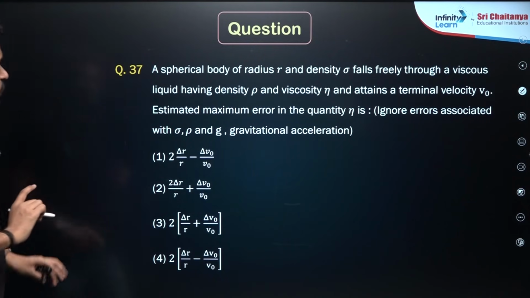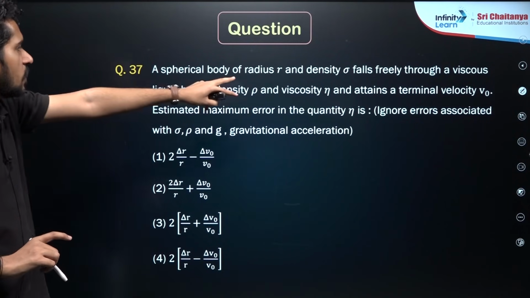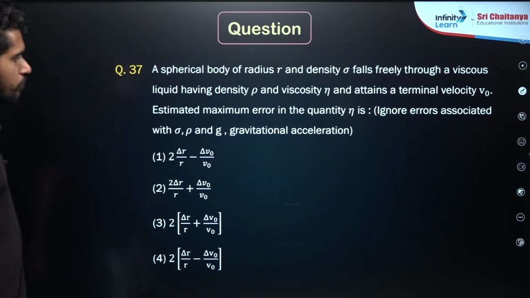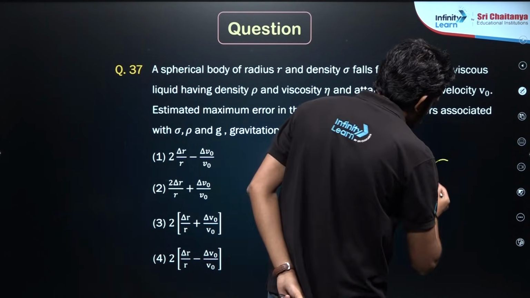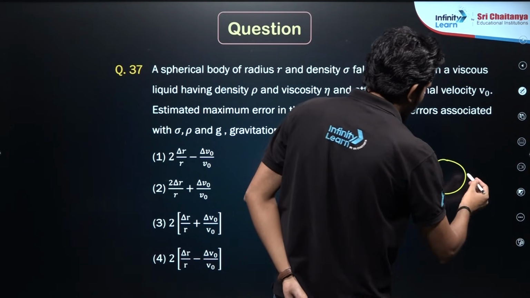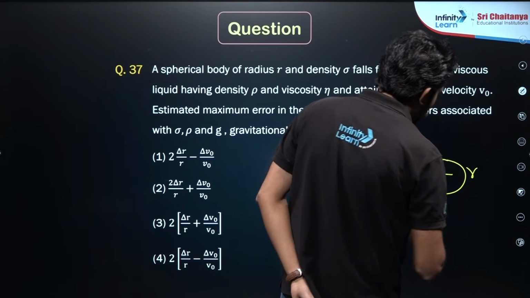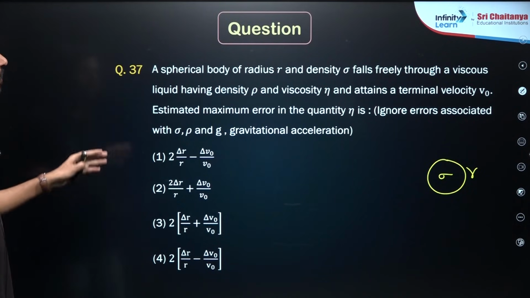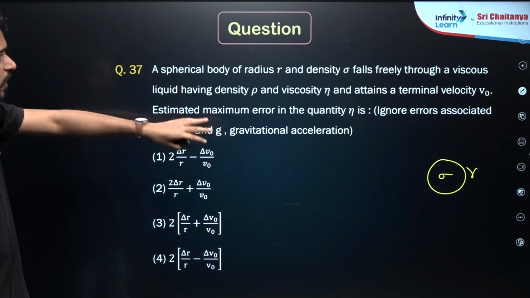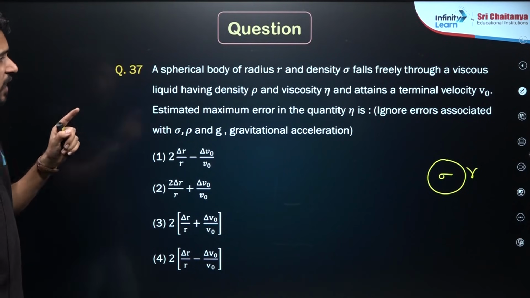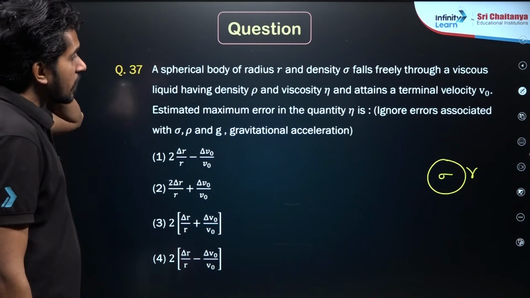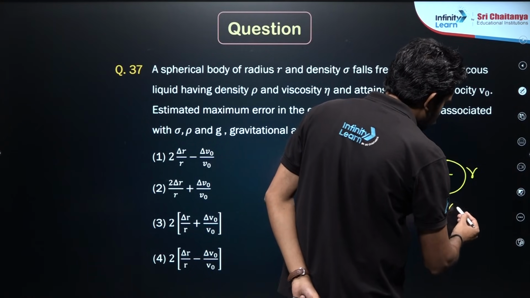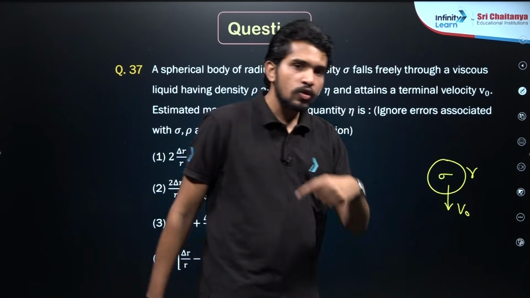Then comes a spherical body of radius small r and density sigma. It falls freely through a viscous liquid having density rho and viscosity eta, and attains terminal velocity. Terminal velocity means what? After it, velocity would be constant.